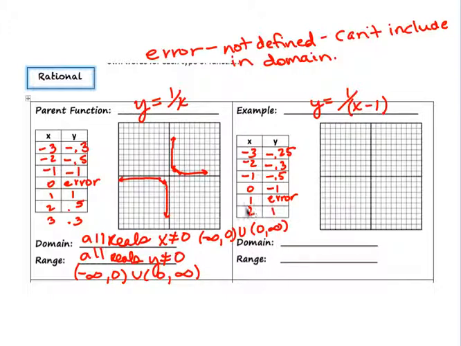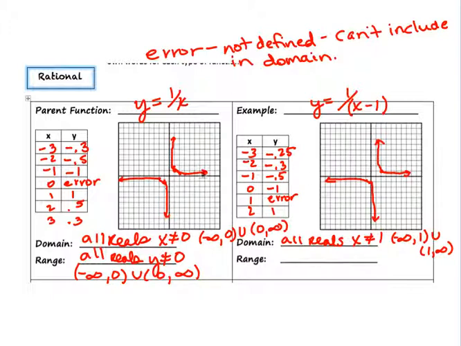So for your domain, since you got an error with 1, you're going to say that it's all reals, except x cannot be 1. Another way to write that is from -infinity to 1 in union with 1 to positive infinity. When you go ahead and plot some of these points, the graph for this one is very similar to this.